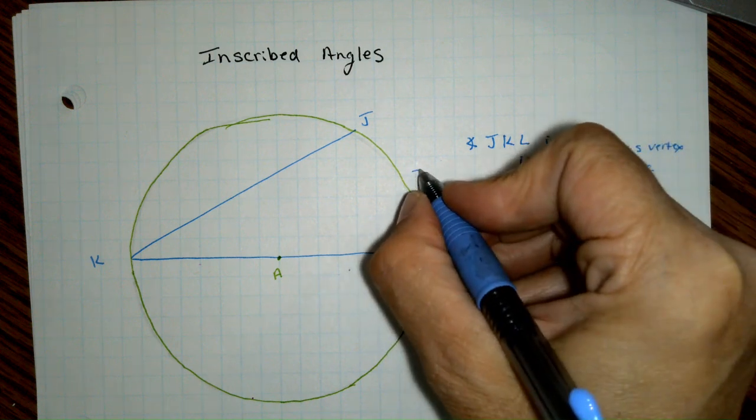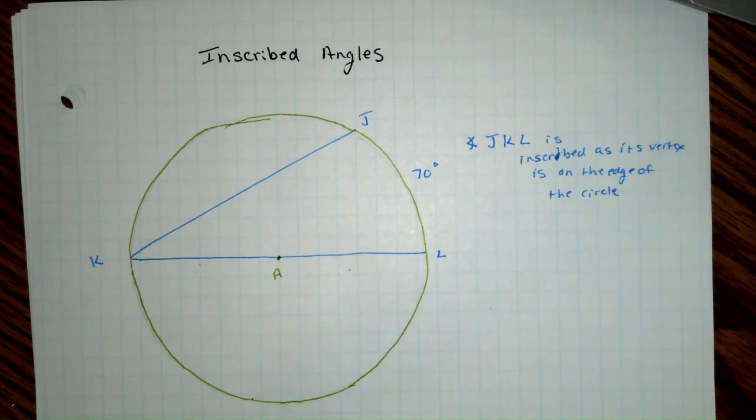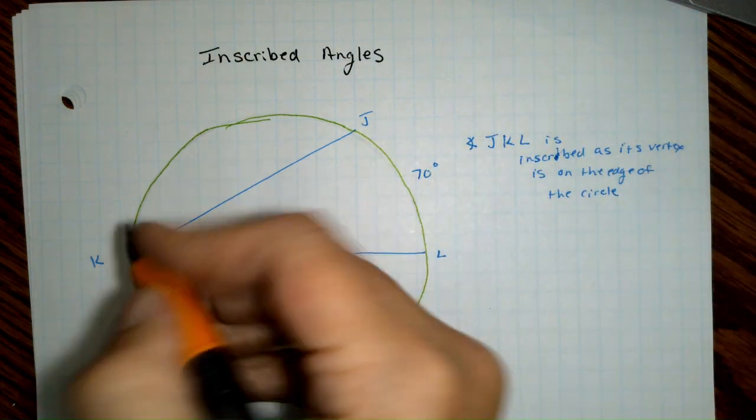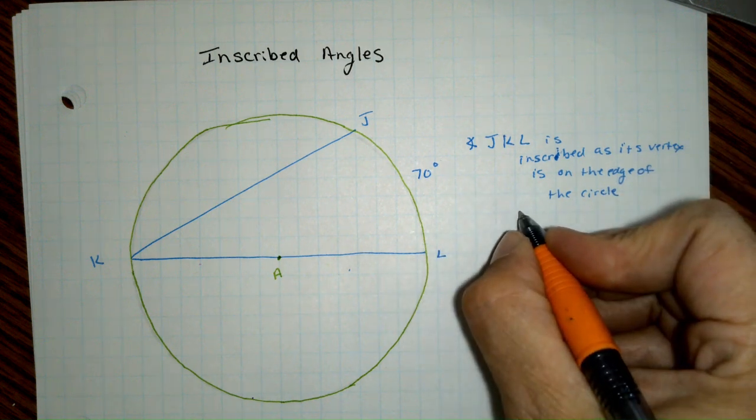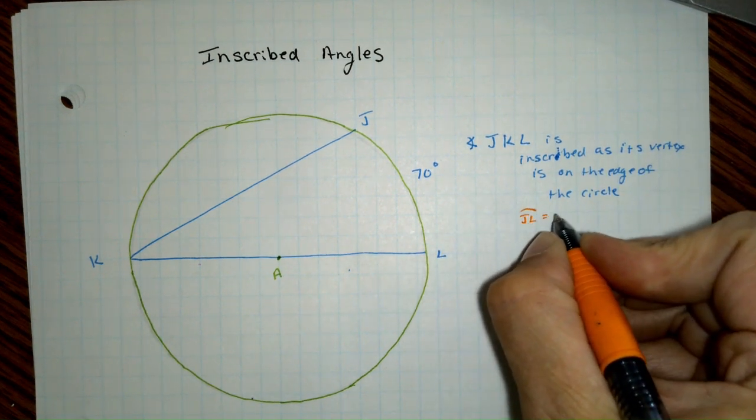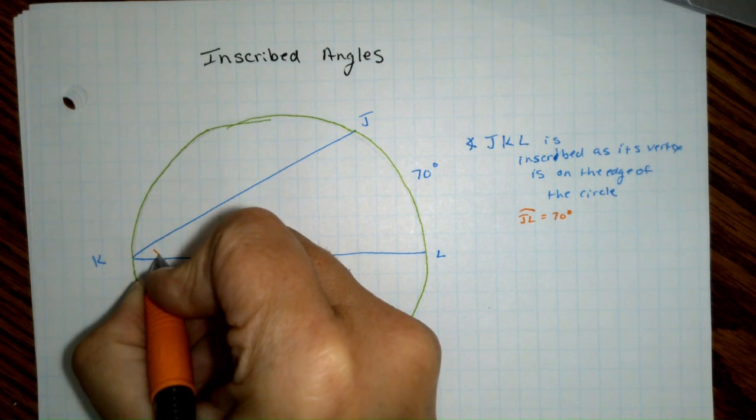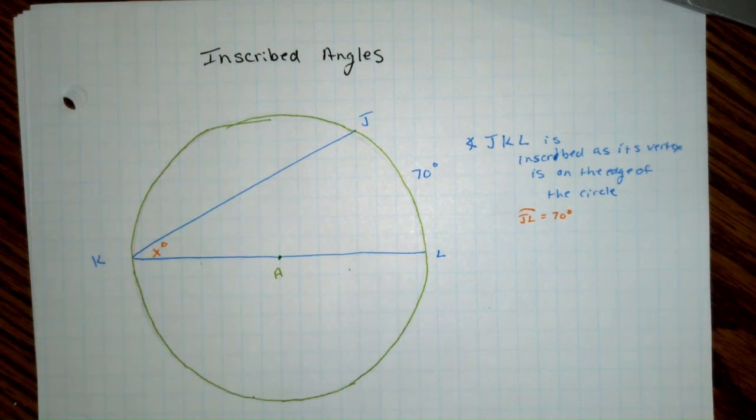Okay, and I'm going to go ahead and say this is a 70-degree arc. So I want to know, how does this arc over here, arc JL, how does it compare to our inscribed angle size?